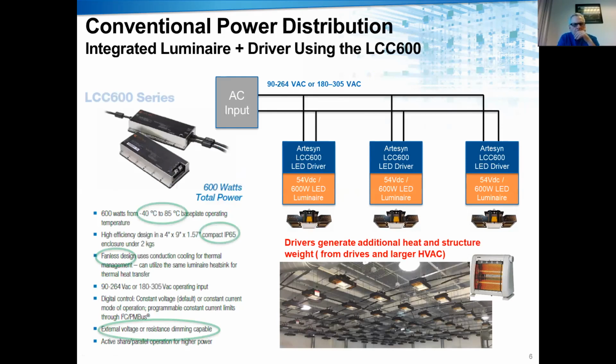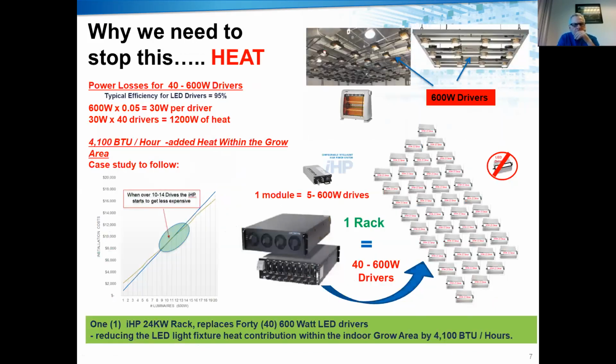That's when it dawned on us that we should really get rid of all the drivers and move them someplace else. With this system, each module can handle 600 watt drivers. If we assume there are 40 drivers on one rack, look at the losses: LED drivers are 95% efficient if it's a good driver, so each driver loses 30 watts.